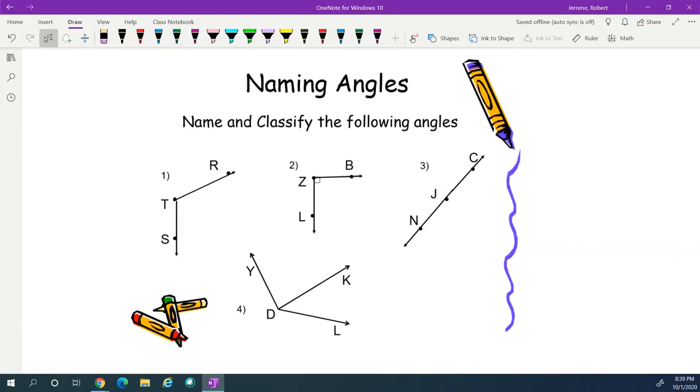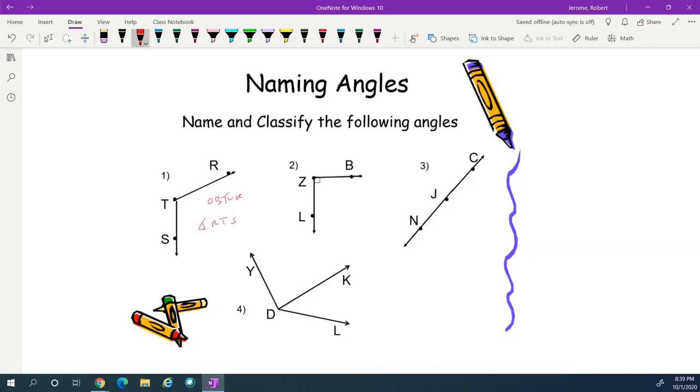So we're asked to do a few things here. We're asked to name and classify some of these angles. So in number 1, it certainly looks more than 90. So I might say obtuse. And I might call it angle RTS.